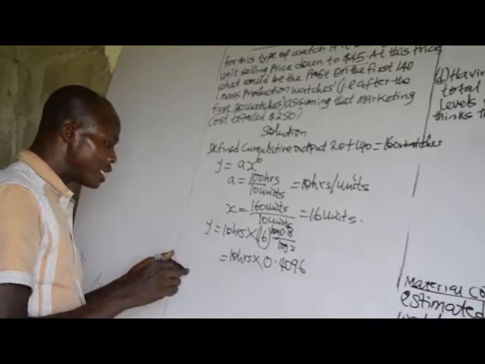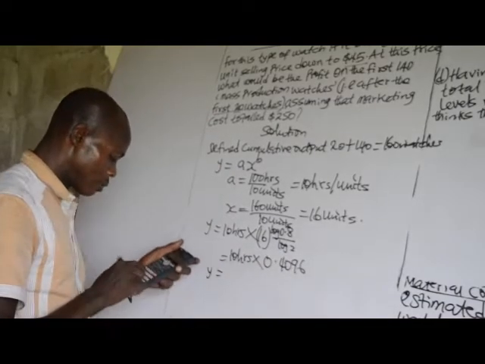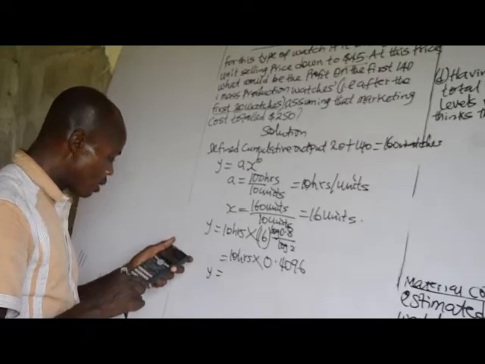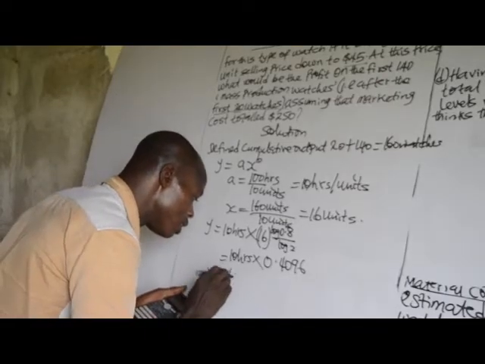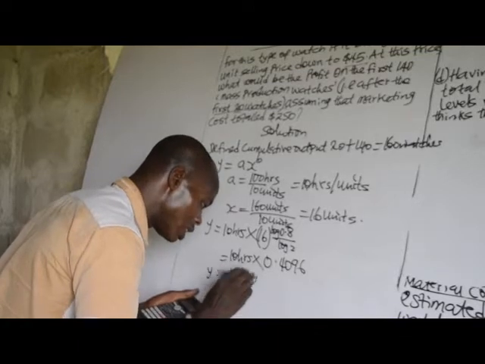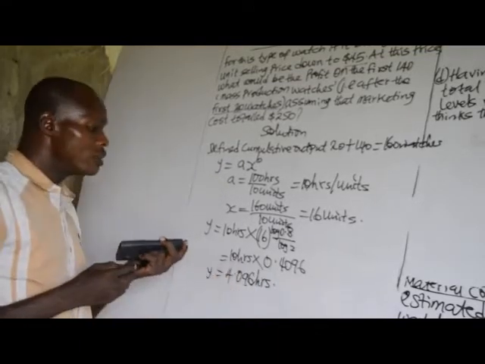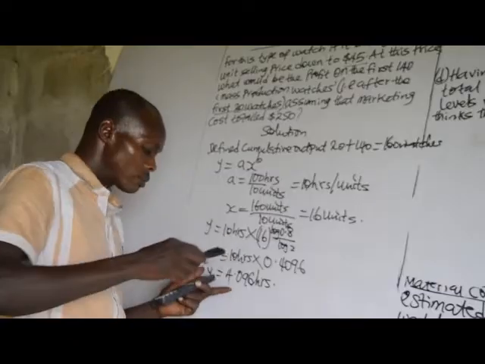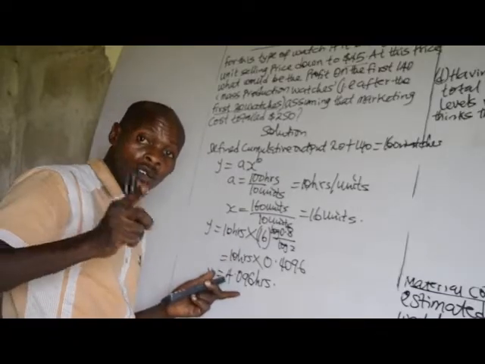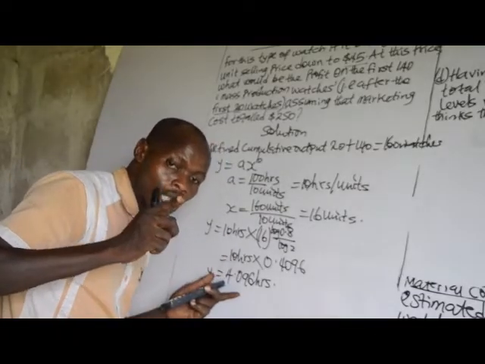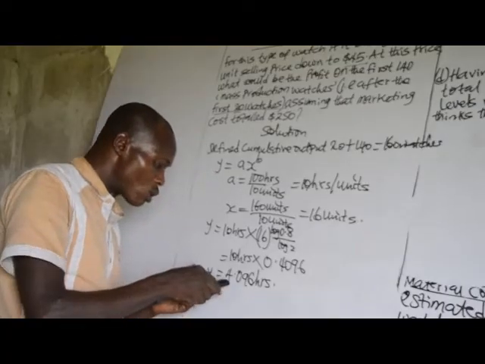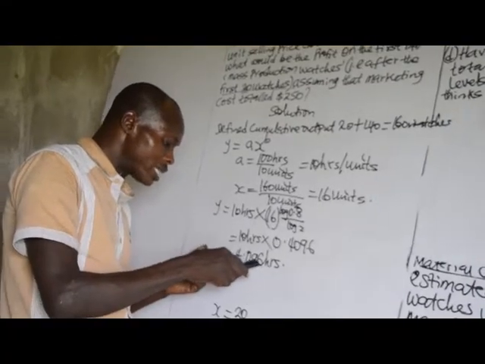If you multiply that by 10, y will be 4.096 hours. That means to produce 1 unit from the 160 units altogether, it will require 4.096 hours.